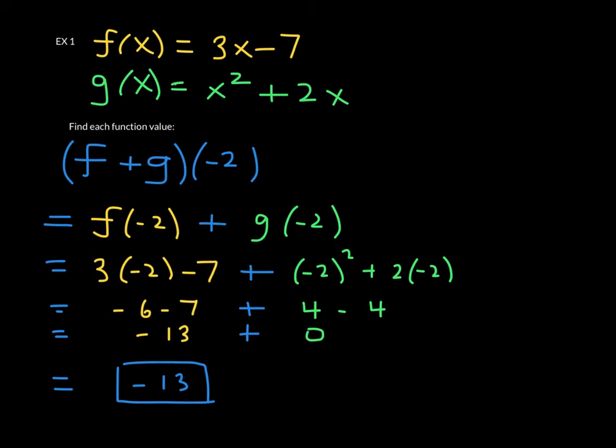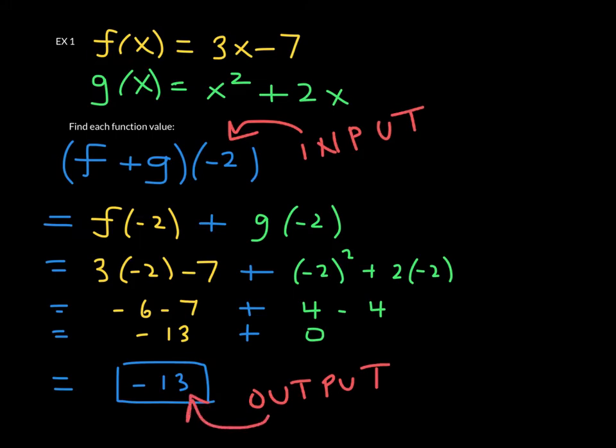Now, I just want to remind you that negative 2 is your input. It's what you plugged in, and negative 13 is the output, or we like to call the function value. All right, I'm going to give you another example using function f and function g again, but I'm going to have you find something else, so hang tight.